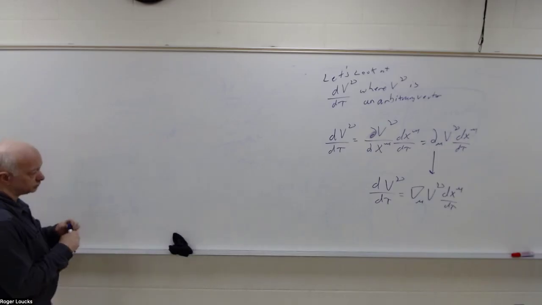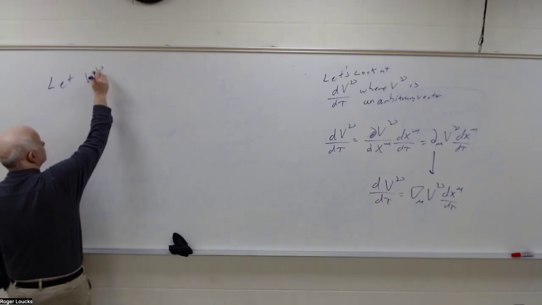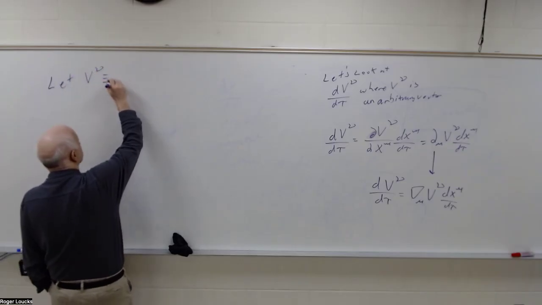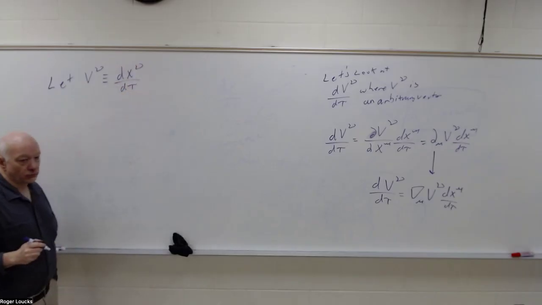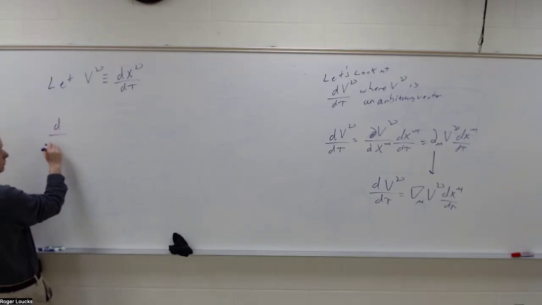So let V nu be defined as just our four velocity. Let's see what we get. So in this case here, we get this.